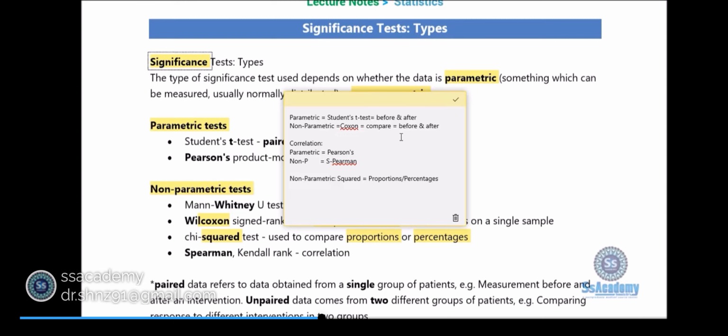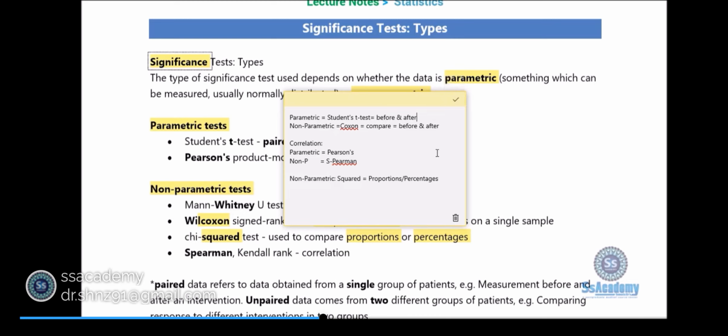So these are the summary boxes that you need to know, the significance tests.